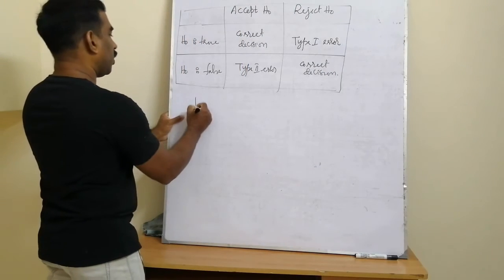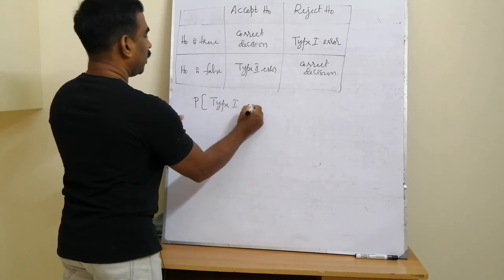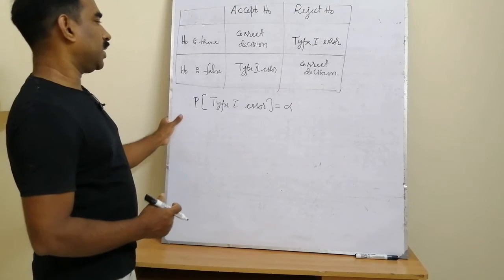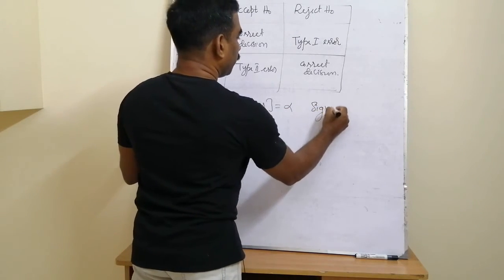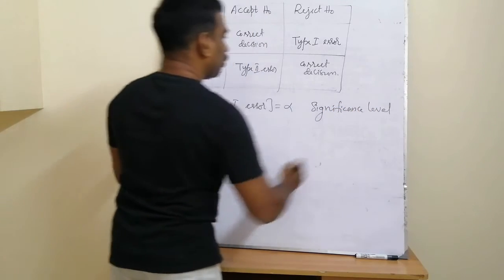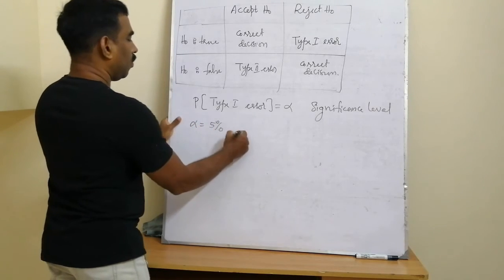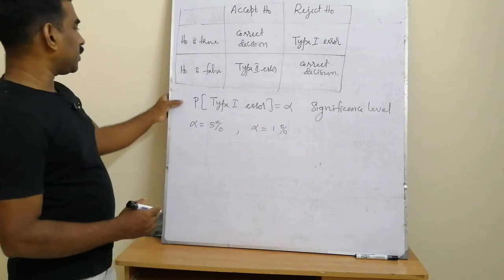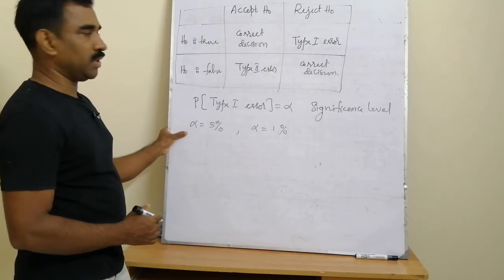The probability of type 1 error is called the significance level. That is denoted by the symbol alpha, a tail probability, and this is called the significance level. Usually the significance level is alpha equal to 5% or alpha equal to 1%, etc. If a significance level for a test is not given, we will usually take alpha equal to 5%.